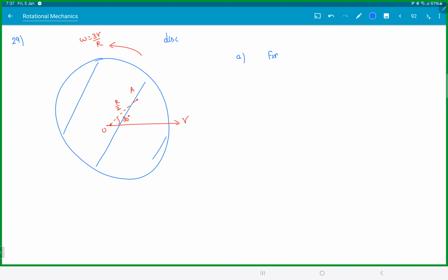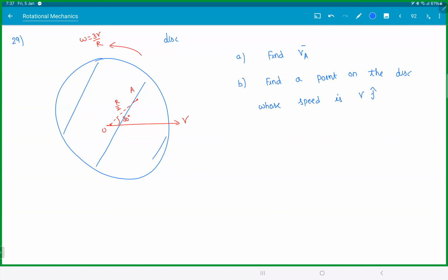Find the velocity of A. Find a point on the disk whose speed is V and in the vertical direction, whose velocity is V j cap.